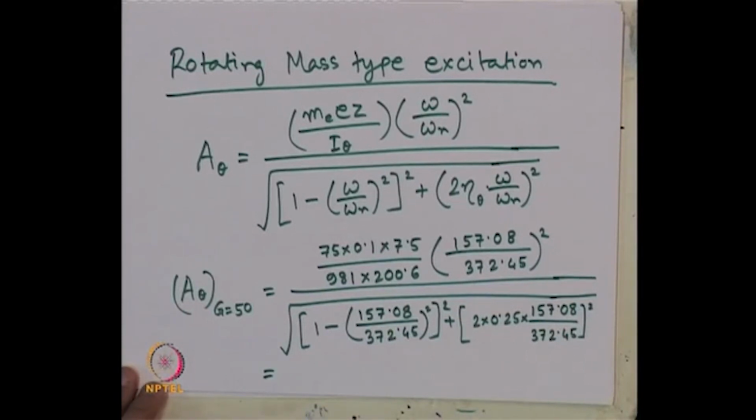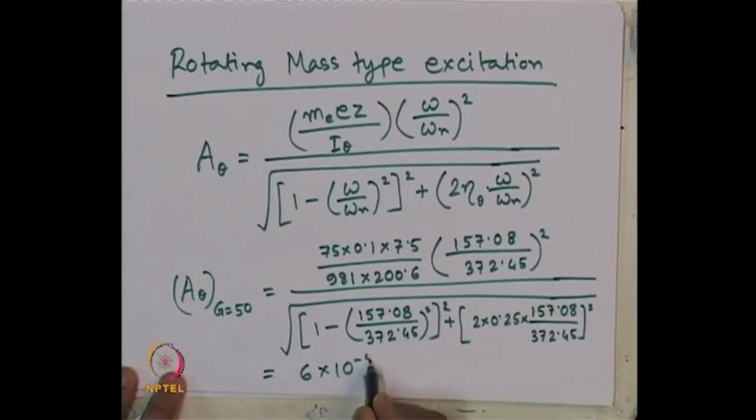If we calculate this, we are getting 6 into 10 to the power minus 5 radian.